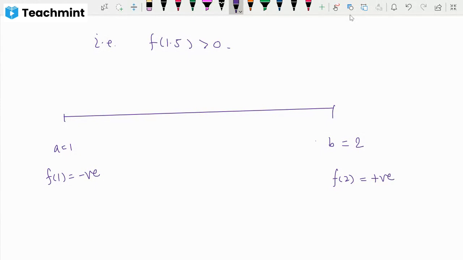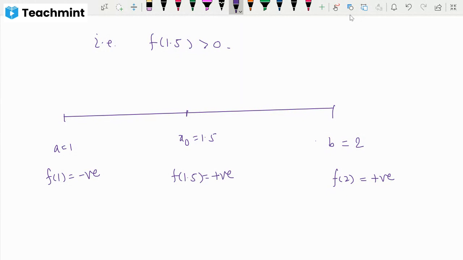You find the midpoint of 1 and 2, that is 1.5. f(1.5) is positive. So f(1) is negative, f(1.5) is positive, and f(2) is also positive.